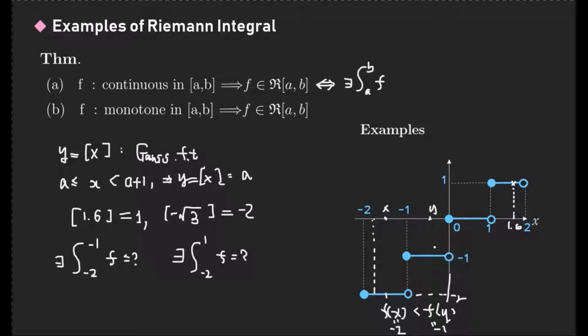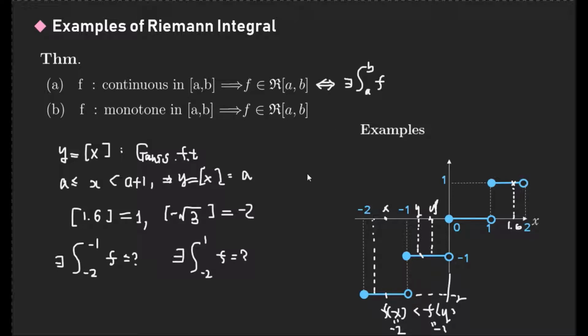Even though we can choose the same point, y and y prime, the definition of a monotone function includes the equality. So anyway, the Gauss function is a monotone increasing function. So by using this theorem, this value clearly exists.